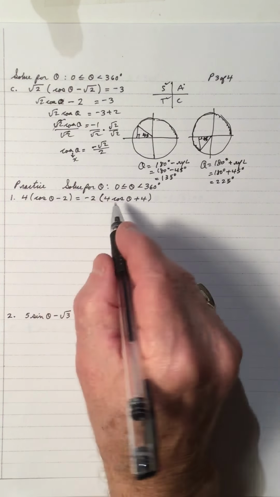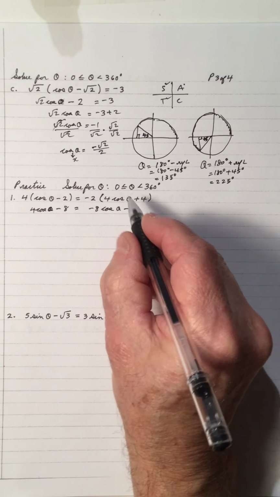So we remove the brackets. 4 times cos theta, 4 cos theta. 4 times negative 2 is negative 8. Negative 2 times 4 cos theta is negative 8 cos theta. Negative 2 times 4 is negative 8.